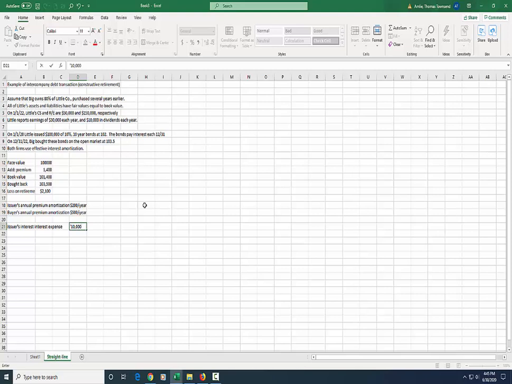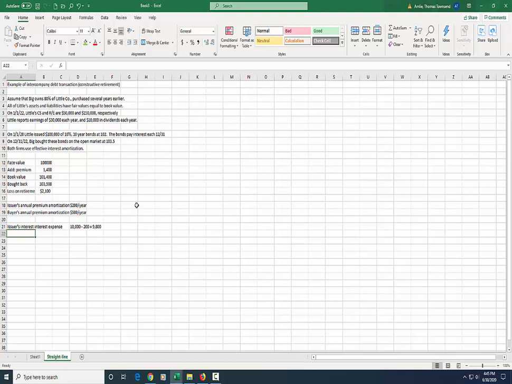And here's where hopefully you don't flip a coin. Do you add or subtract that $200? When you have a bond premium, that reduces your borrowing costs. Basically, Little took in $102,000. They've only got to pay back $100,000. The $2,000 extra, they get to keep.